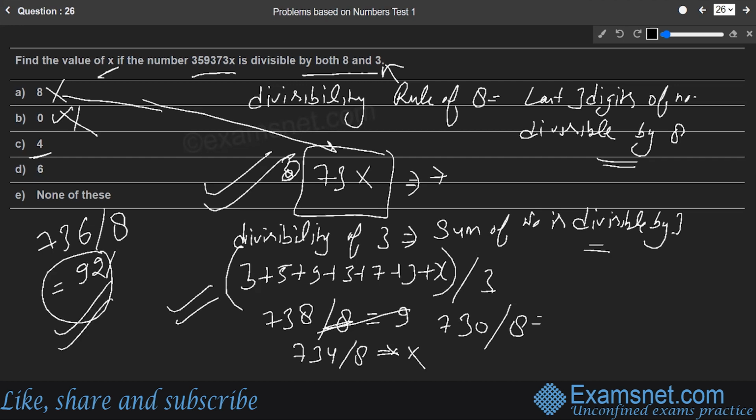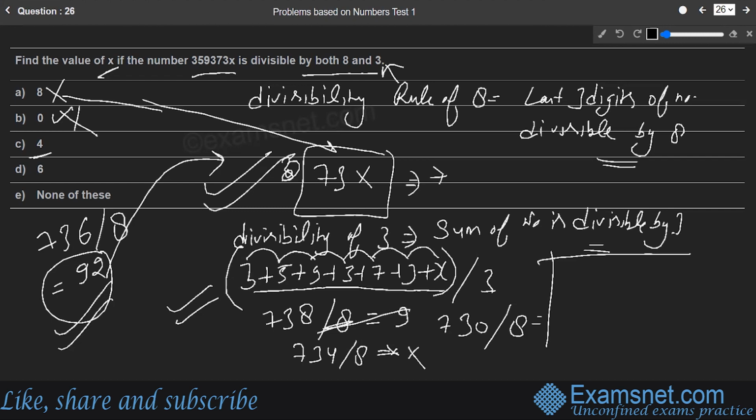But this is the divisibility test of just 8. Now we have to verify the divisibility test of 3 also, because it has been asked that the number should be divisible by both. The divisibility test of 3 says the sum of the digits should be divisible by 3. If in place of x we keep 6, let us see: 3 plus 5 is 8, 8 plus 9 is 17, plus 3 is 20, 20 plus 7 is 27, 27 plus 3 is 30, and 30 plus x.